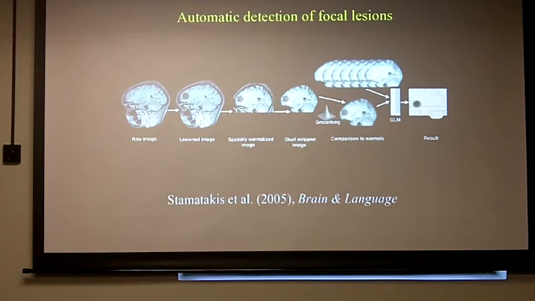So drawing lesions is an important step that we cannot omit right now. But people are trying to make this step more convenient by developing automatic algorithms for detecting focal lesions.